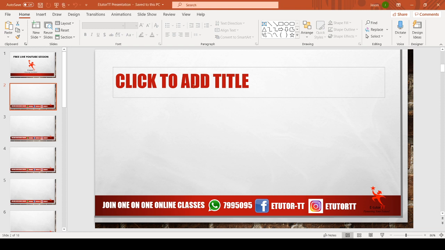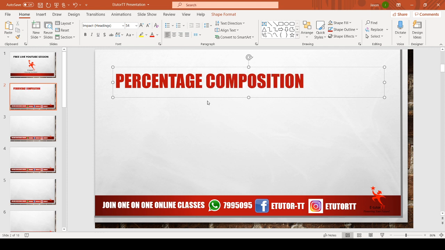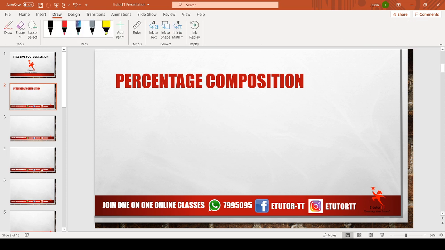So, calculating percentage composition. And how are we going to do that? Well, let's see. So we have carbon dioxide, right?